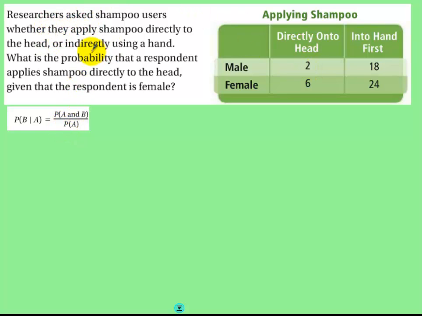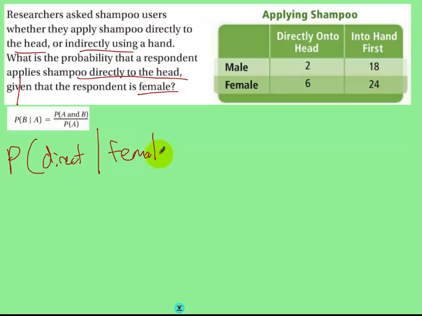Researchers asked shampoo users whether they apply shampoo directly to the head or indirectly. What is the probability that a respondent applies shampoo directly to the head given female? So the probability of direct given female. Using that same formula, your total number of respondents is going to be 50 again: 20 men and 30 females.